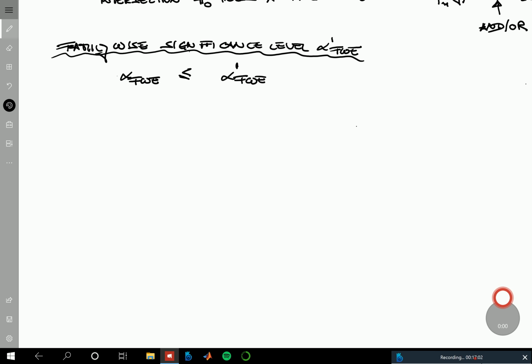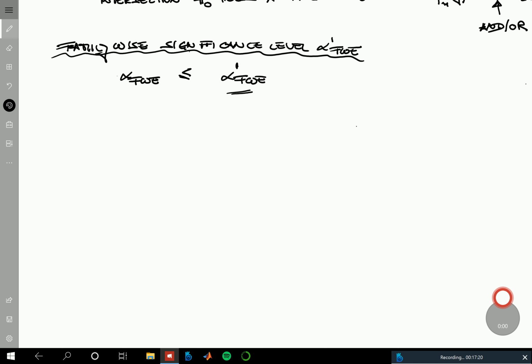So a test controls the family-wise error rate at a significance level of alpha prime if its family-wise error rate is smaller or equal to alpha prime.